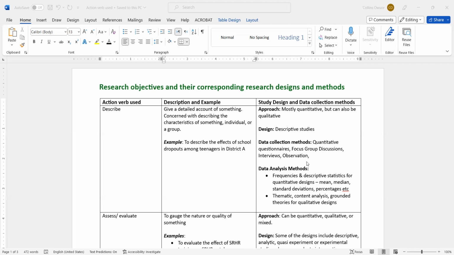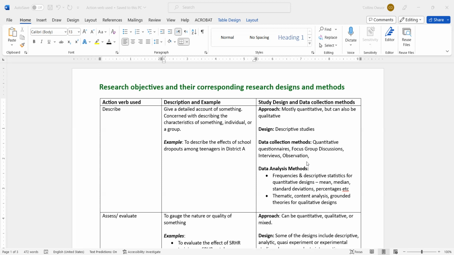The data collection methods that we could use in such a case may vary depending on the kind of approach we use. We could use quantitative alone, qualitative, or we may mix the two, what we call mixed methods. So therefore, I've included all the possible data collection methods when we want to describe a topic.